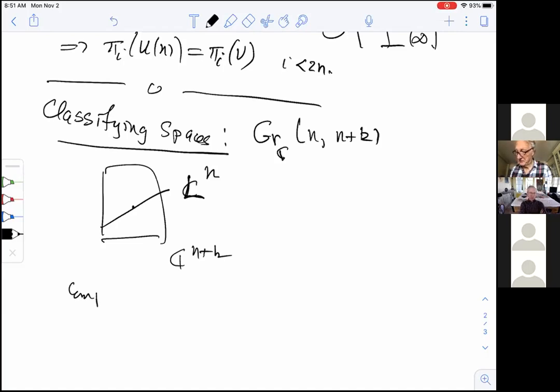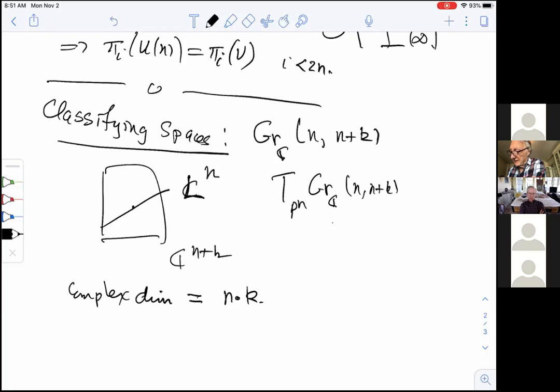Its complex dimension is n times k. And in fact, the tangent space to the Grassmannian at an n-plane P is just the homomorphisms from P to P perp. You can vary to first order this plane by moving it in the perpendicular direction.